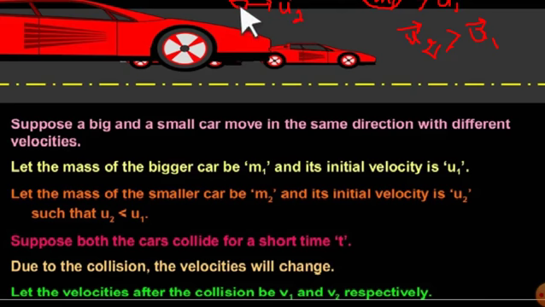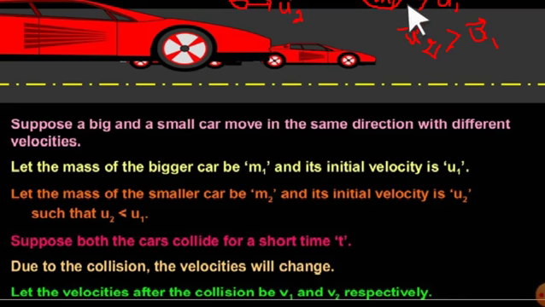Along a straight line on the same path, the bigger car of mass m1 is moving forward, and this smaller car of mass m2 is moving behind the bigger car. As this velocity is more than the velocity of the bigger car, they need to collide.